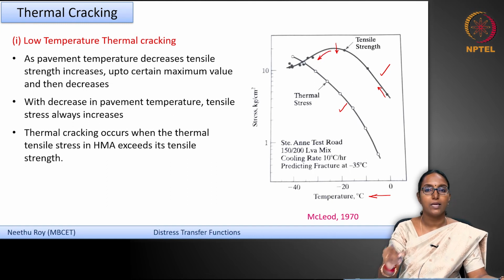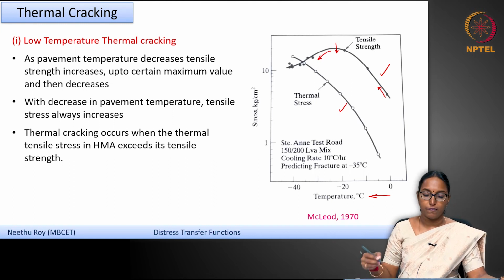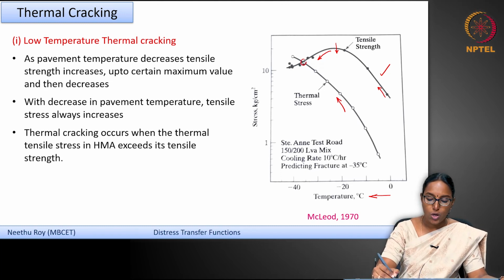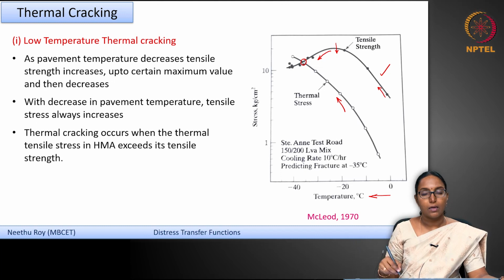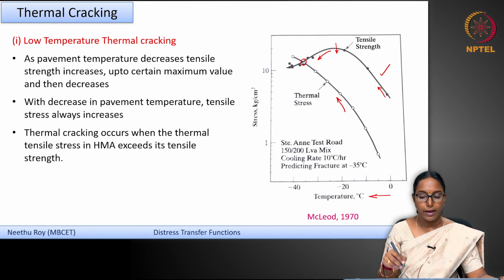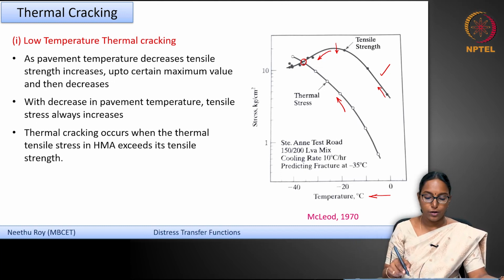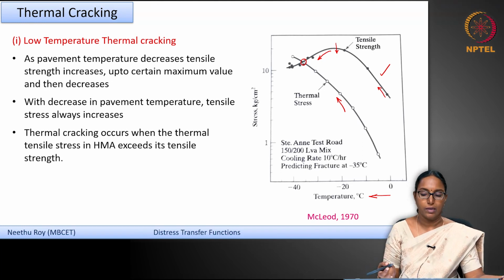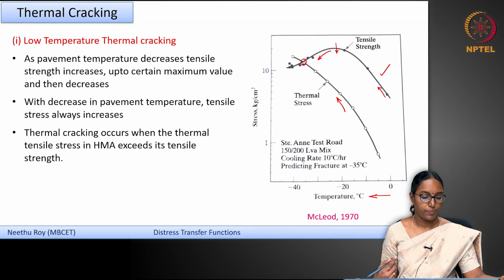Thereafter the strength decreases, whereas if the temperature keeps on decreasing, the thermal stresses on the structure keep on increasing. A stage will be reached when the thermal tensile stresses on the material exceed the tensile strength of the material, and in that case there will be cracking. That is called thermal cracking.